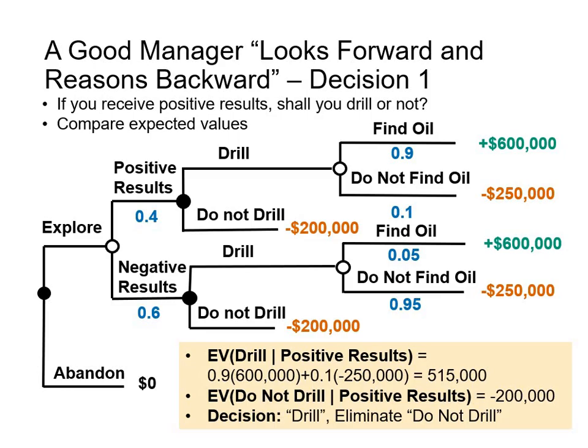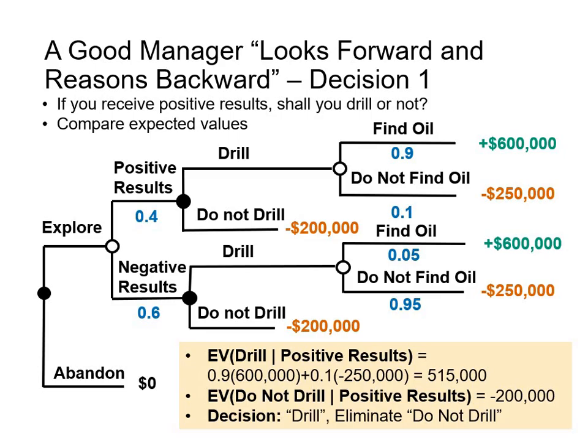So if you take again a look at our decision tree, in which we need to decide, shall we explore, and then we might get a positive or negative result. Then we need to decide, shall we drill or not drill, and then again we can find oil or not find oil. So now let's illustrate what it means to look forward and reason backward.